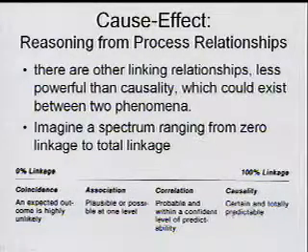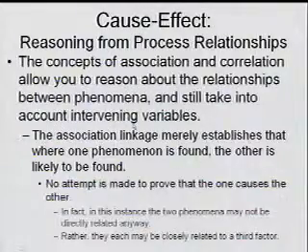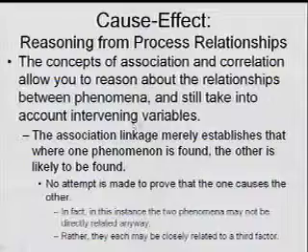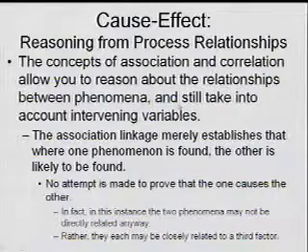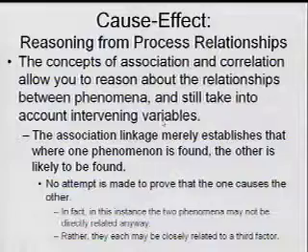So if you can establish causality, anybody that repeats it should be able to do this, and it will cause that directly. But we know that it's more important than that. You still might be able to have something in between that, well, we'll talk about it here. So the concepts of association and correlation allow you to reason about the relationships between phenomena and still take into account the intervening variables.